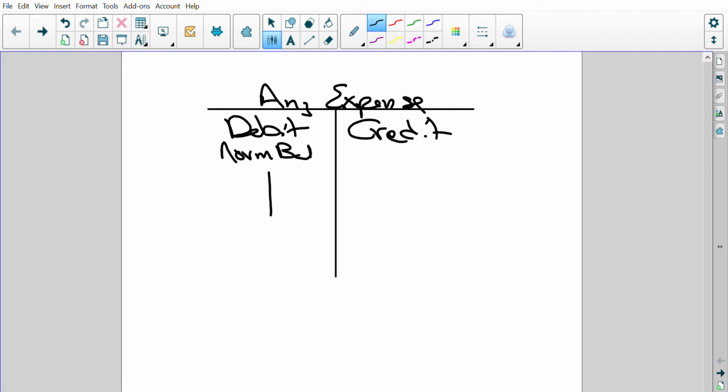Our increase side is the debit. Decrease side is credit, because eventually this account will decrease our owner's equity. Remember, an expense is a direct cost of doing business. Questions?